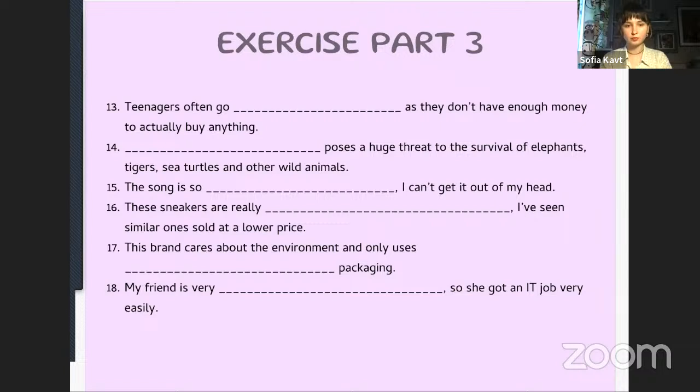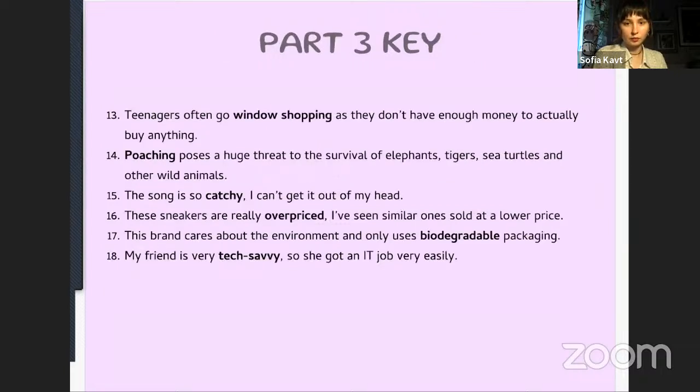The 15th too. Yes. It has all been correct. Let's take a look at the keys.